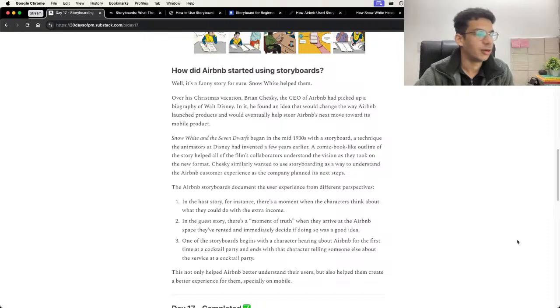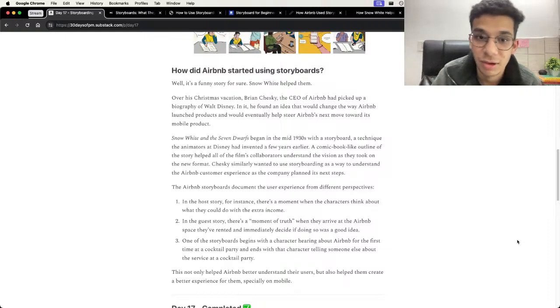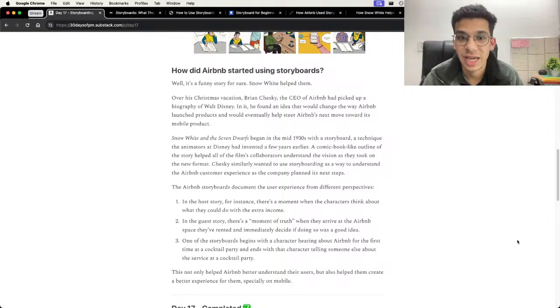As I was telling, the example of Airbnb and how on Christmas Brian Chesky found out about this biography of Walt Disney, which had Snow White and the Seven Dwarfs and a comic book essentially with details of how they built the animation and the cartoon, right? So there's a beautiful story that you can read.